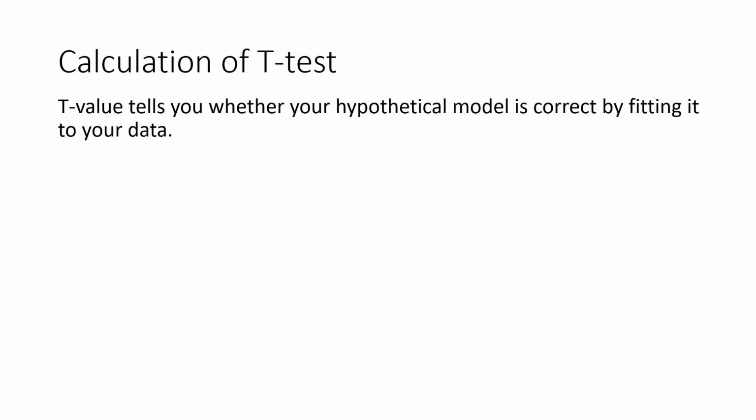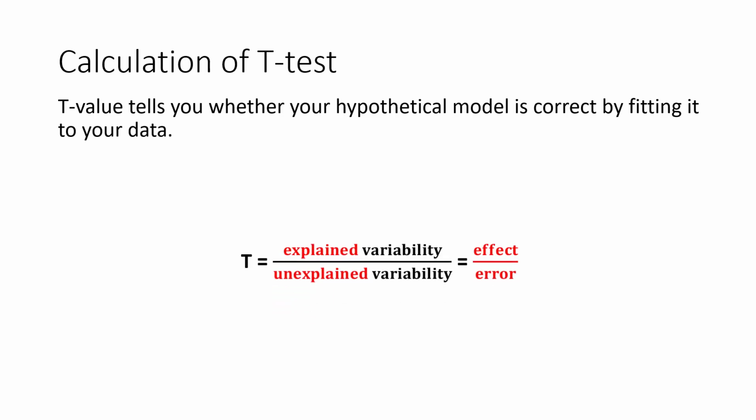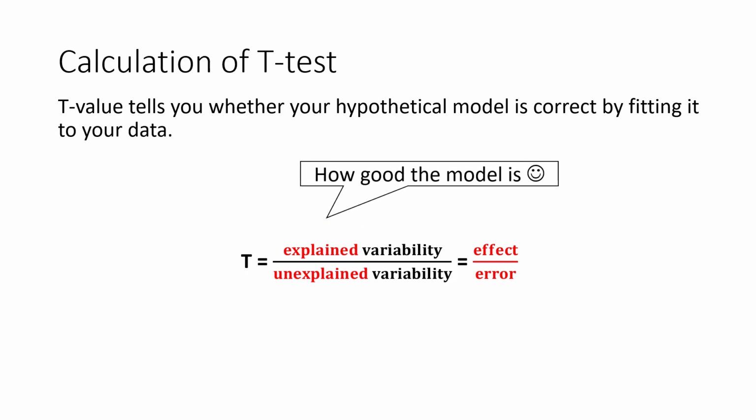To calculate the t-value, there are two pieces of information you need from your data. One is explained variability and the other is unexplained variability. Explained variability is how much your independent variable explains your dependent variable. This indicates how good the model is, or the effect.